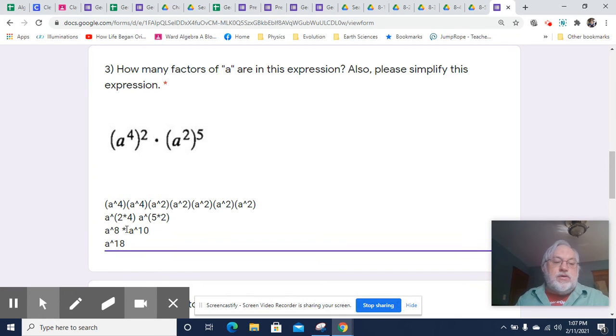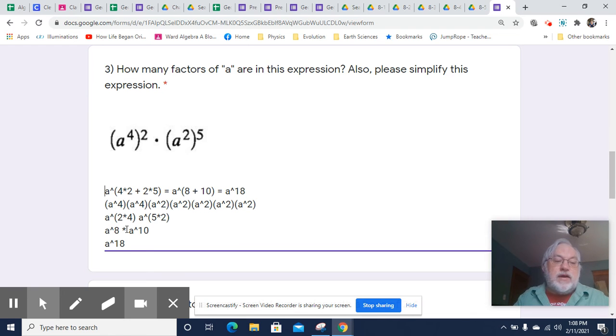Okay, and a way you could do the shorthand of this is we can write this as a to the, I'm going to put this all in parentheses, 4 times 2 plus 2 times 5, which ends up being a to the 4 times 2 is 8, plus 2 times 5 is 10, and that ends up being a to the 18th power.